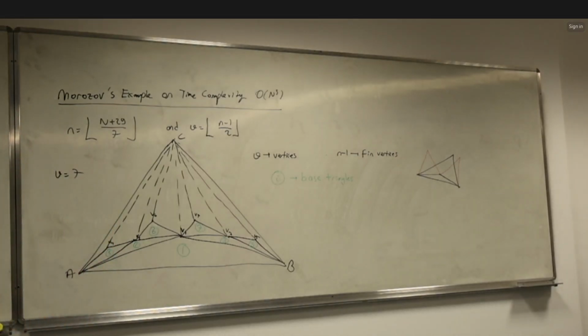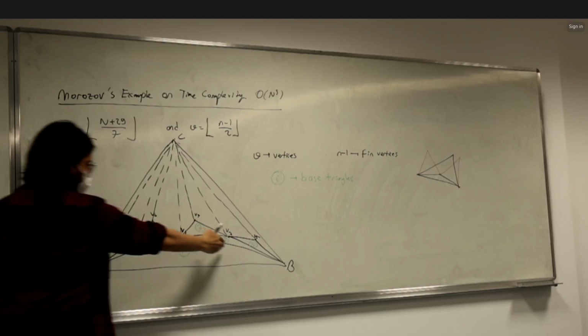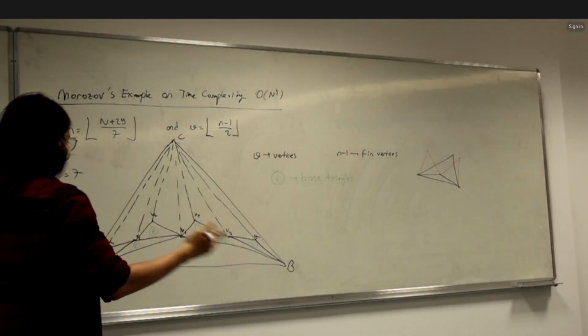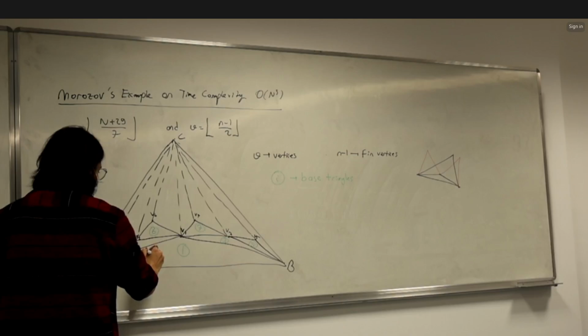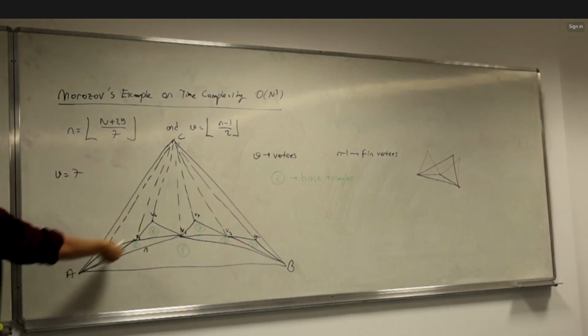And then he also starts denoting these edges in terms of n. First he puts n here. This is the nth edge.